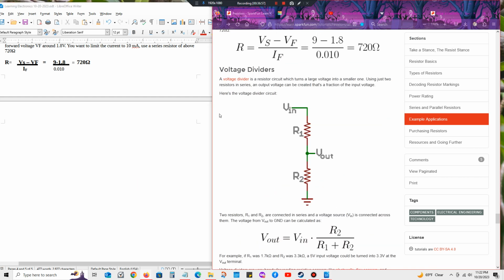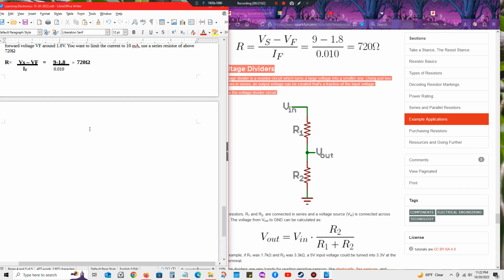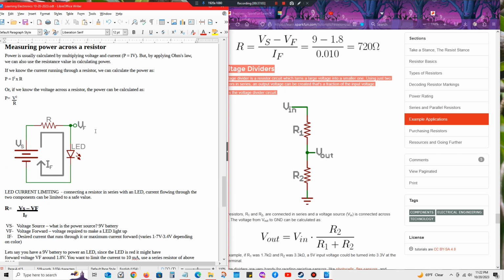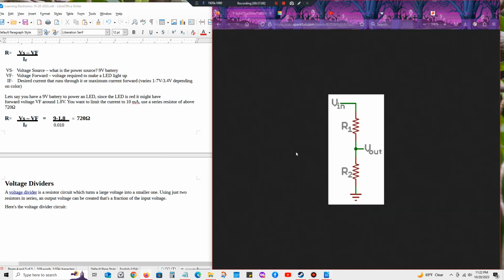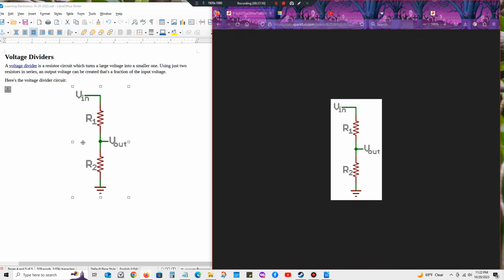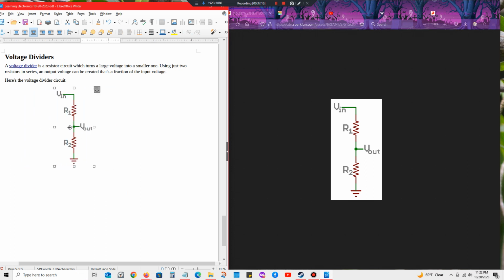Okay, I'm going to go ahead and add this to the document here because this is math and stuff. All this pertains to the resistor. That's cool.